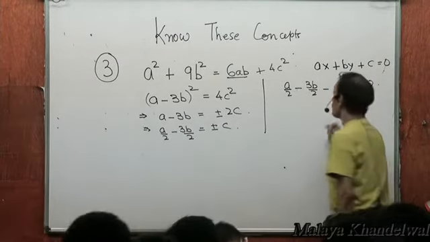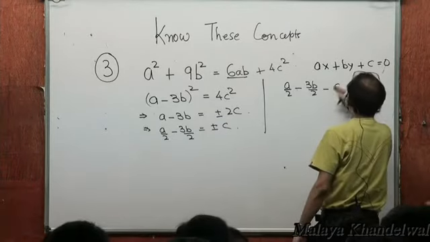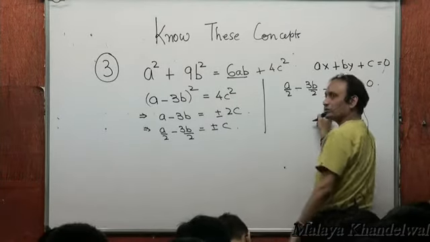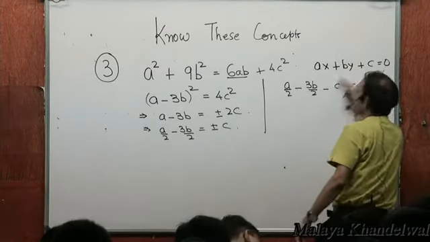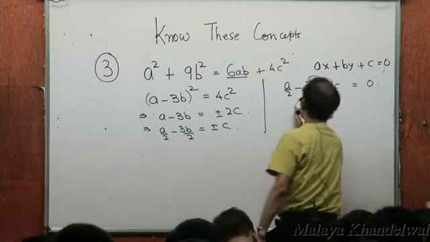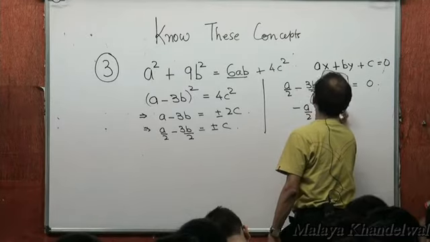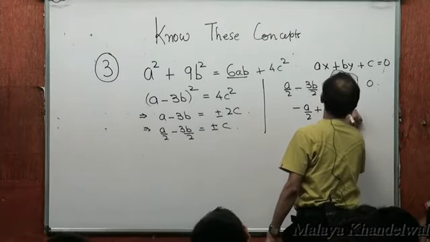Right? I want to make this plus c so that I can compare with this. So I multiply throughout with a minus sign so that I could eventually compare. This also becomes plus c. So minus a by 2 plus 3b by 2 plus c is 0.